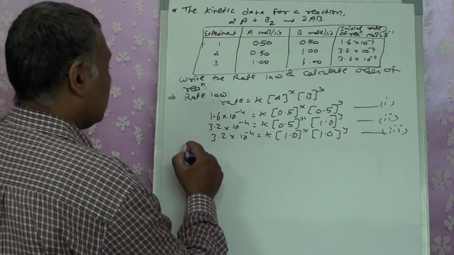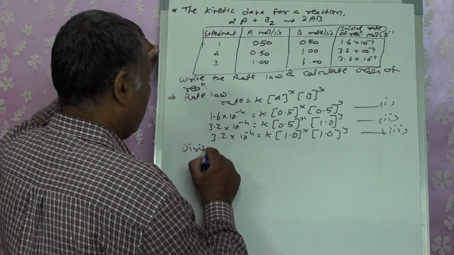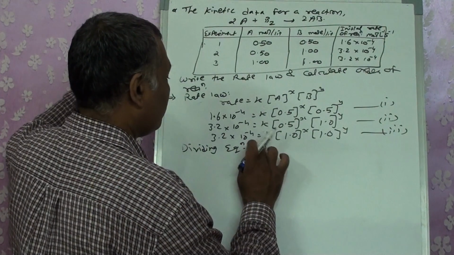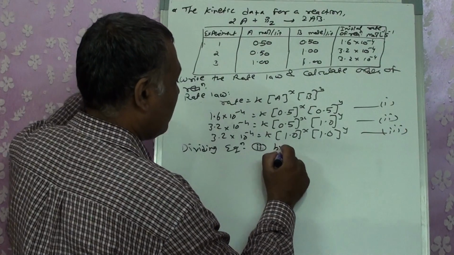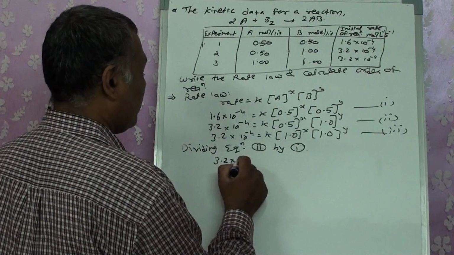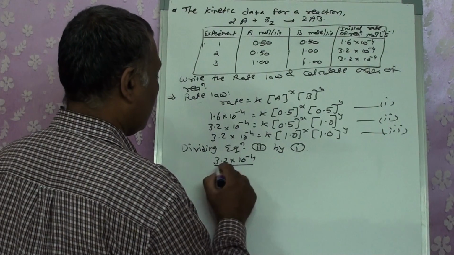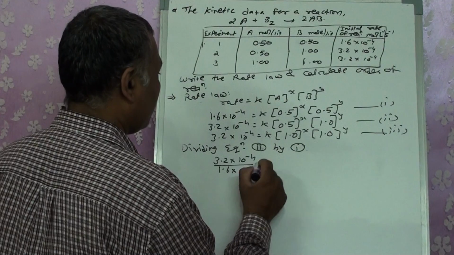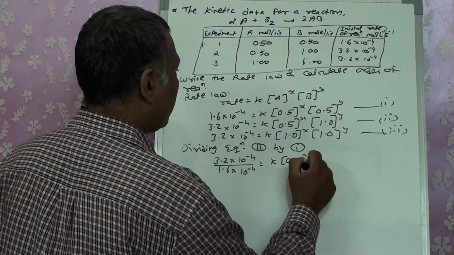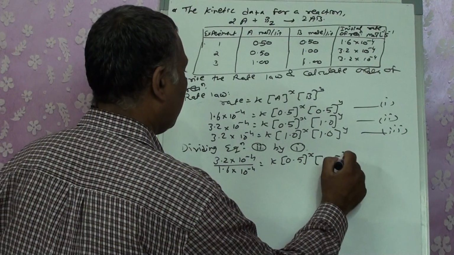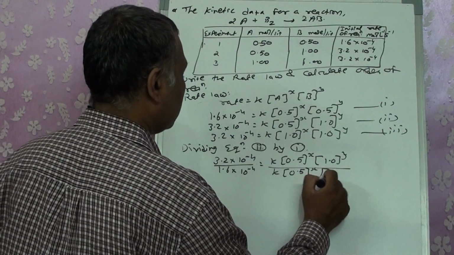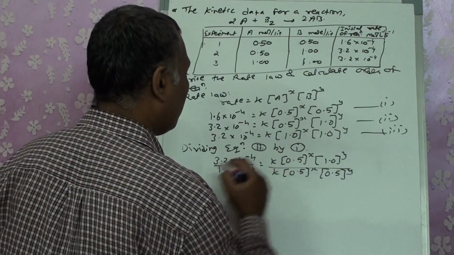So for that, dividing equation 2 by 1, we get 3.2 × 10^-4 upon 1.6 × 10^-4 equals k 0.5 raised to x 1 raised to y upon k 0.5 raised to x 0.5 raised to y.